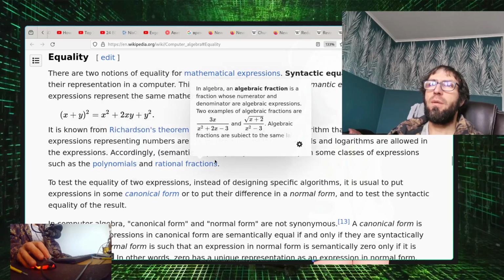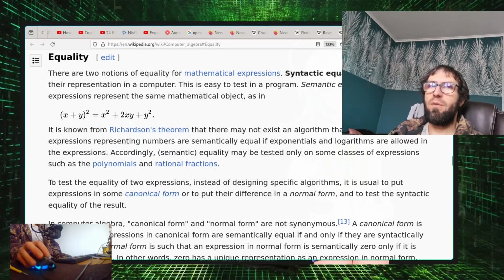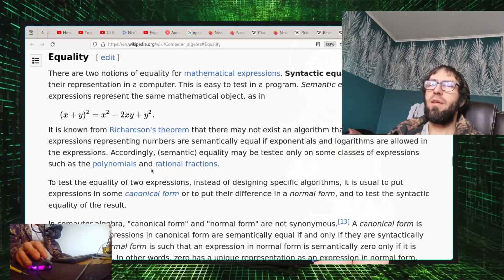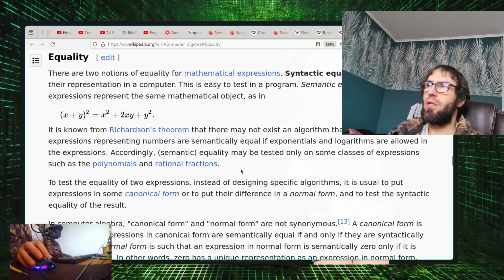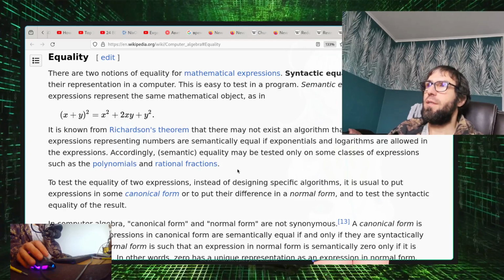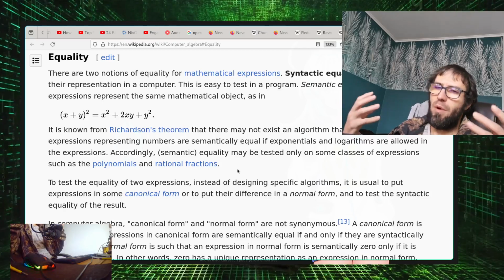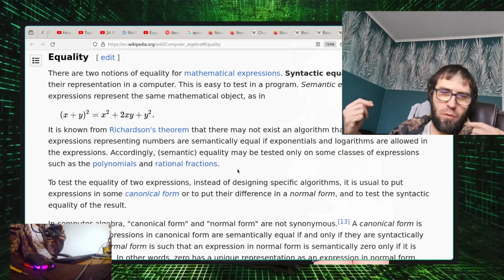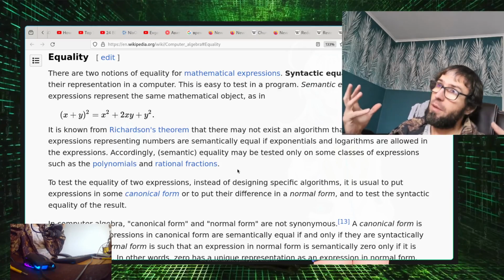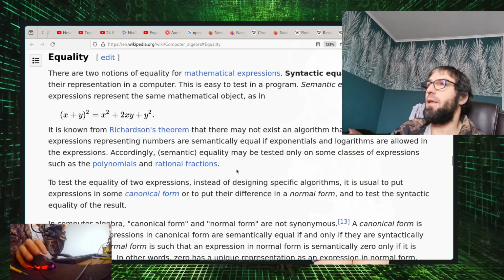Accordingly, semantic equality may be tested only on some classes of expressions, such as polynomials and rational fractions. So this means that we cannot always say whether two expressions are equal or not. There must be some constraints on these expressions for us to say that they are equal.